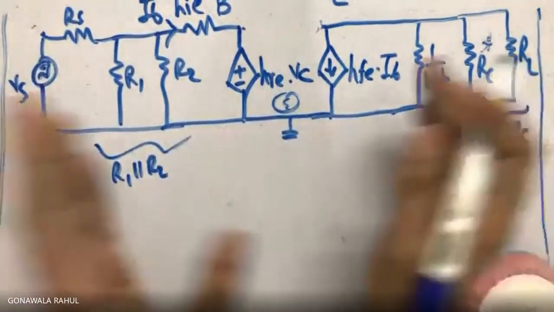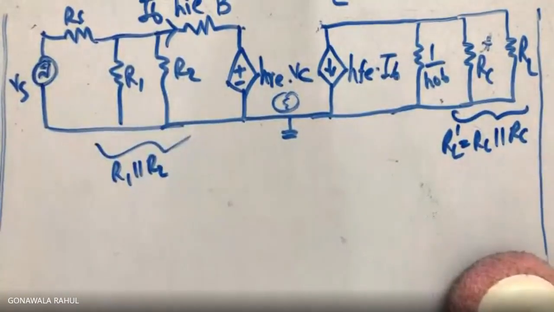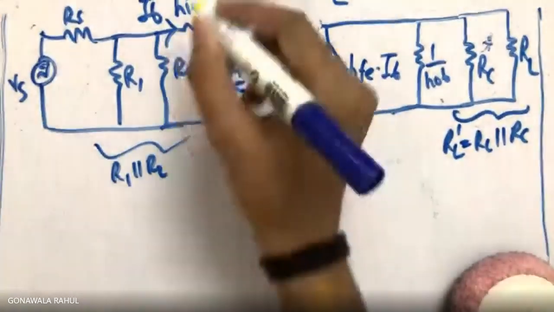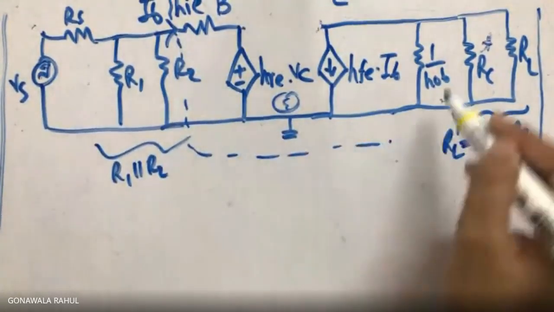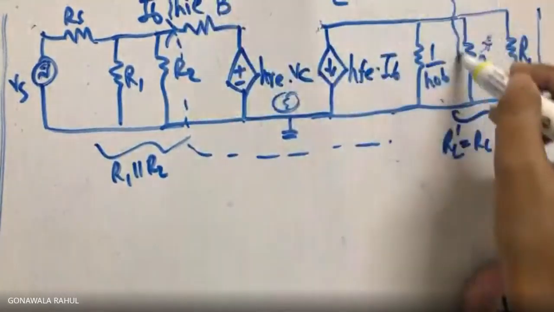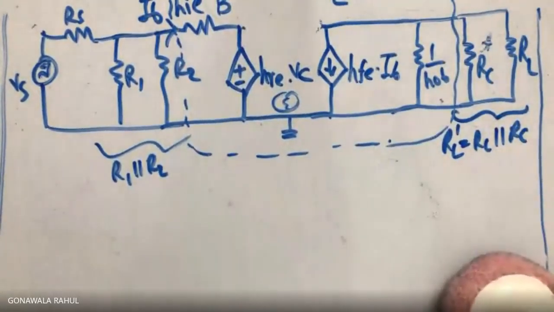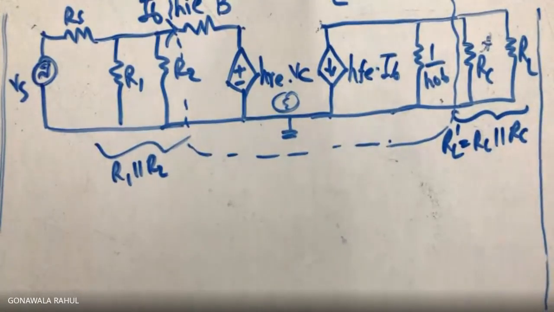So you can still simplify this circuit. Clear? Any doubt in this? Remember this dotted line is nothing but the hybrid equivalent model of a transistor only. This dotted line is only the replacement of the transistor by its equivalent hybrid parameter model.